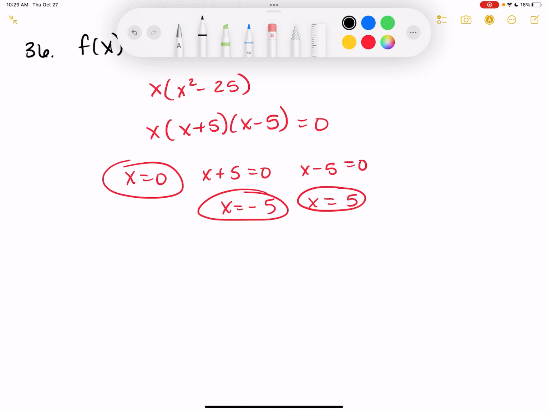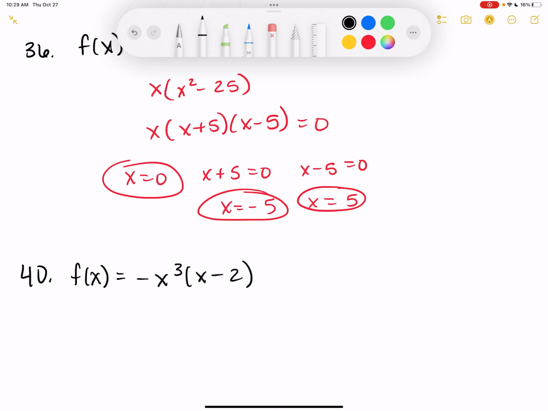So number 40, we've got f of x equals negative x cubed times x minus 2. When we're trying to figure out degree, we're multiplying the x's together and seeing how many x's we're going to have.